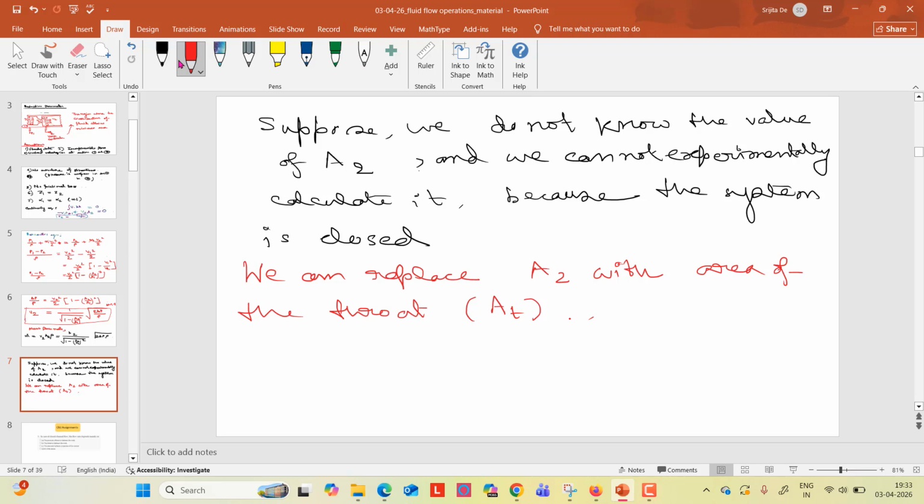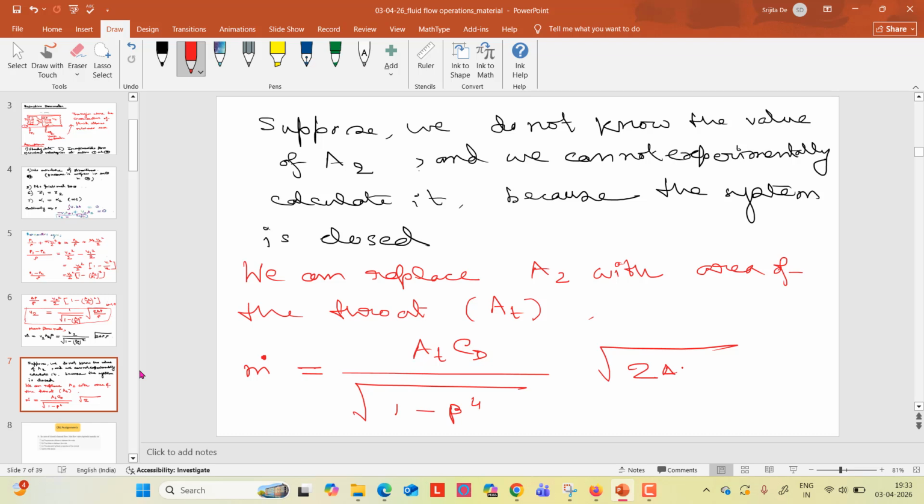Now the mass flow rate m dot will be AT CD divided by root under 1 minus beta to the power 4 into root under 2 delta P rho.